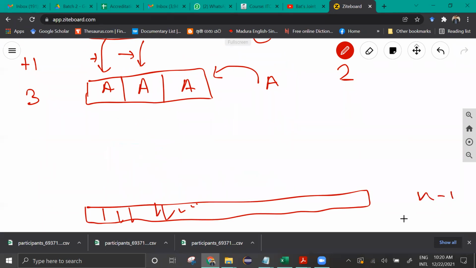So the last time, it iterates n minus 1, right? Suppose the size is n. So we have to copy n minus 1 items, and then finally we add A, the last. So this is n minus 1, right?